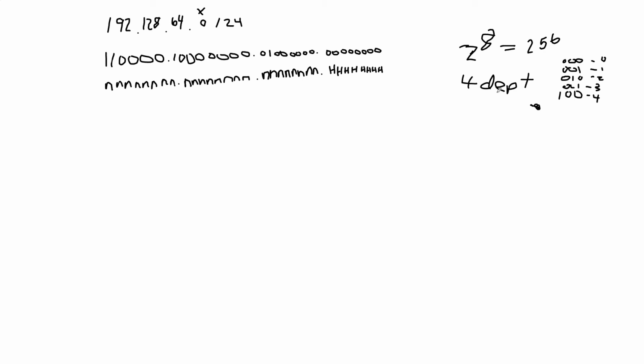Okay. So the first thing I do is I figure out how many networks I need, and then I figure out how many bits I need to write the number 4. And it looks like I need 3 bits to write the number 4. So what I'm going to do is take these 4 host bits and switch them over to subnet bits.